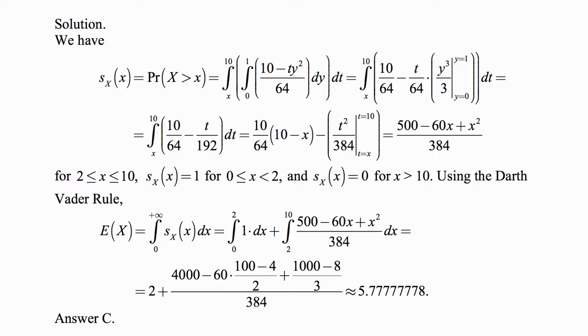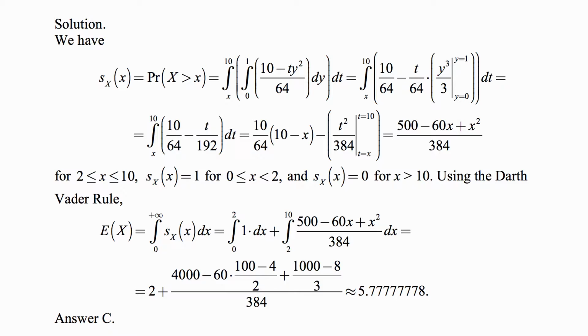The probability that X is more than x is the integral from x to 10. The possible values of X are between 2 and 10, so we pick something that is x, and then the density is positive up to the value of 10, so that's the upper limit. And then y runs from 0 to 1, so we take the integral from 0 to 1 of the joint density.